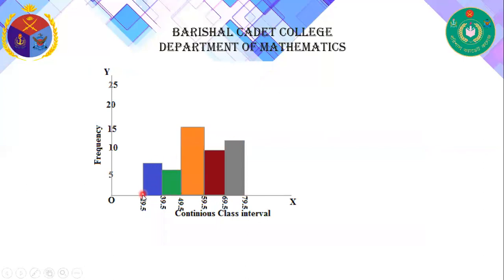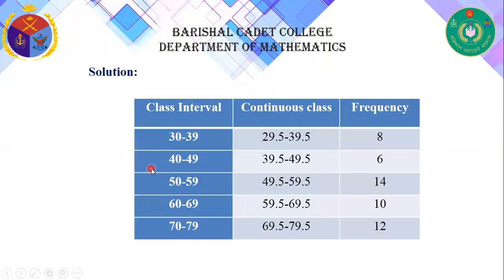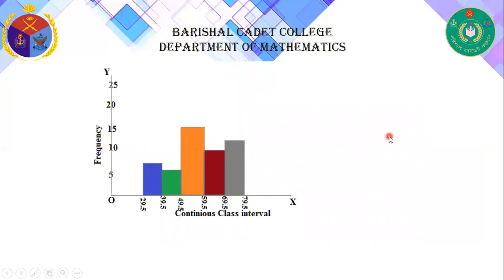Here we draw that 29.5 to 39.5. Here is the rectangle. Here the base is 29.5 to 39.5 and the height is the number of frequencies, 8. So here it is 8.